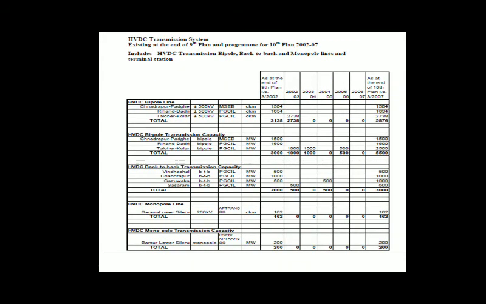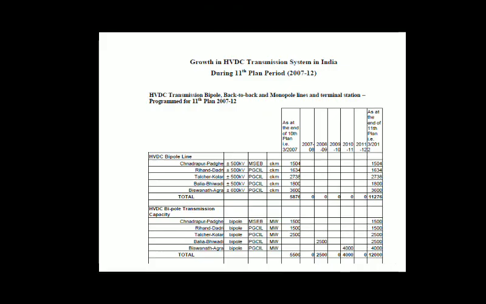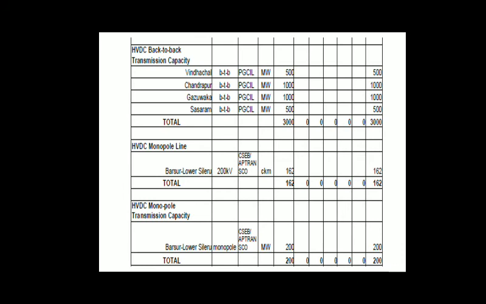Next, okay, so we have HVDC bipole line, HVDC bipole transmission capacity, etc. Okay, and now you have HVDC back-to-back transmission capacity. So look at this data to get a general idea of HVDC systems in our country.